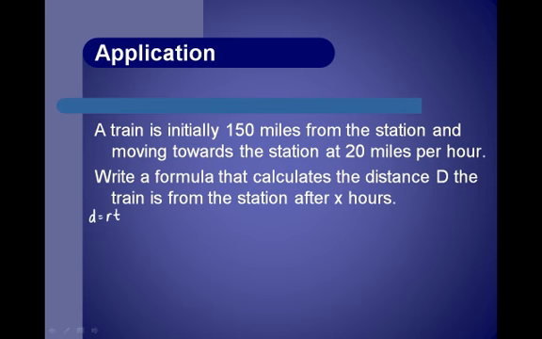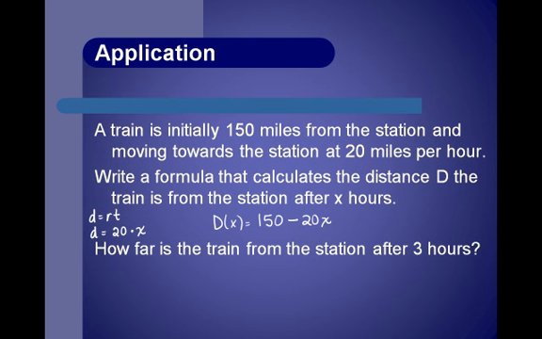So our train is actually going 20 miles per hour, which is the rate, times the number of hours, which is x. So this is the distance that our train is going. The question asks us to calculate the distance the train is from the station after x hours. So what we've got is our big distance is we started at 150 miles away and then we're moving our 20 times the number of miles after that many hours.